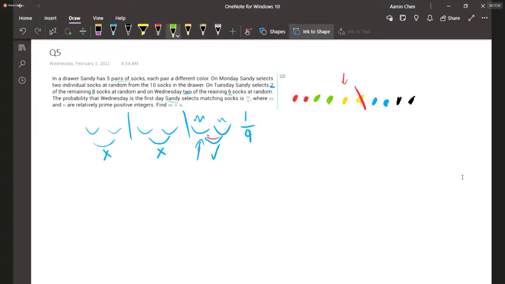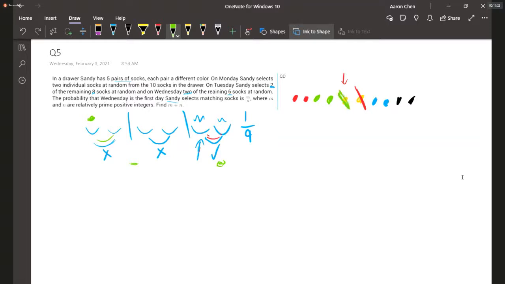And now let the 1st sock also be some random color. And this works because what happened in the first 2 days doesn't really affect the third. What happened in the first 2 pairs doesn't affect the third. And so you do not want these 2 to match.